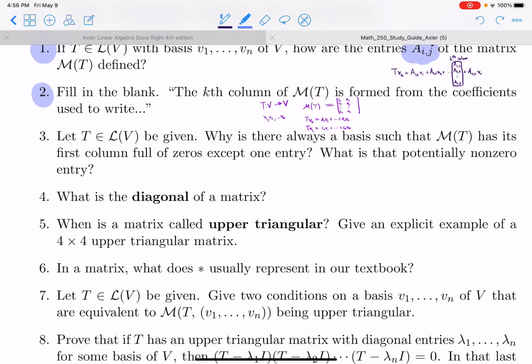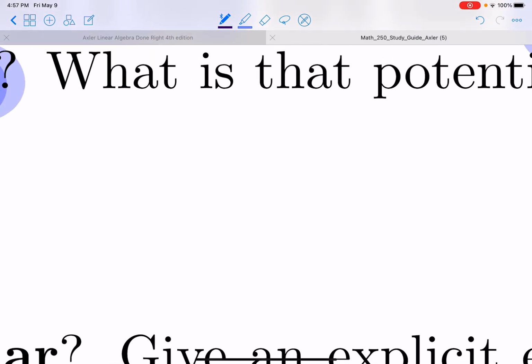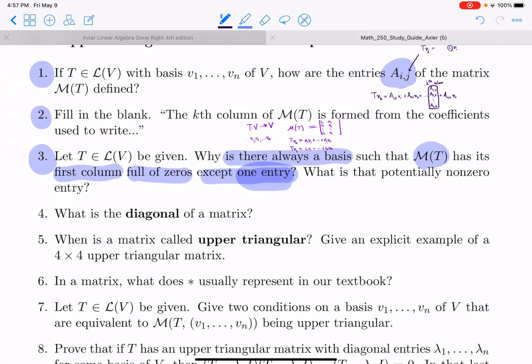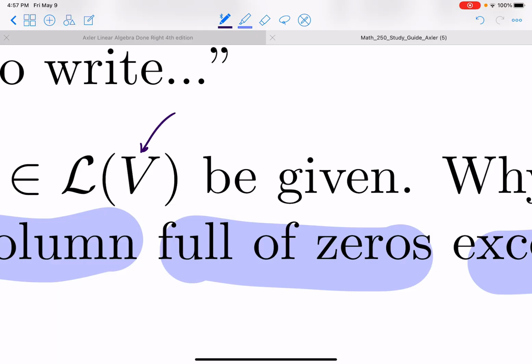Okay, take a look at number 3. Maybe pause the video and solve it yourself. Why is there always a basis so that M of T has its first column full of zeros except one entry, and that one entry will be the first entry? Well, this is actually false, so we need that V is a complex vector space, that the field for our vector space is the complex numbers.